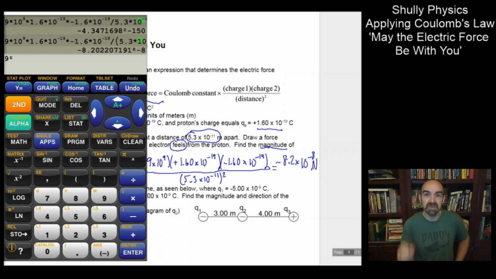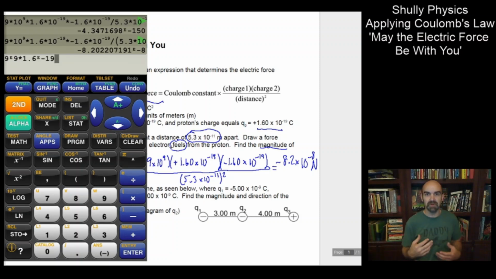Now I don't put in 10, I don't put in exponent here, I don't put in multiply, I just put in 9. This isn't the first 9, this is our 9 times 10 to the 9th power. So the second 9 I put in is after that E. And now we're going to multiply that by 1.6 E negative 19.